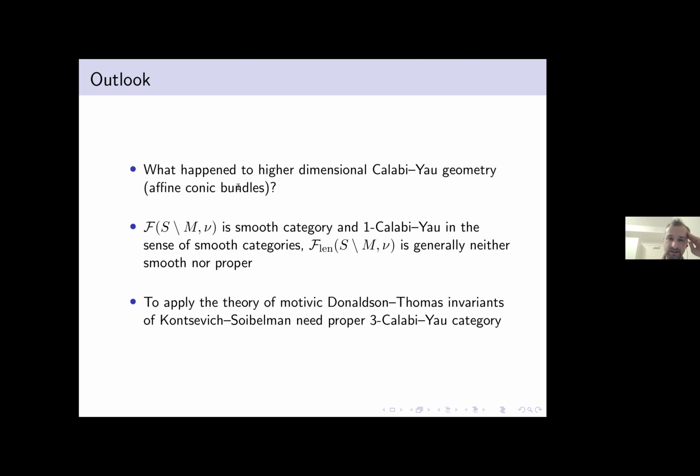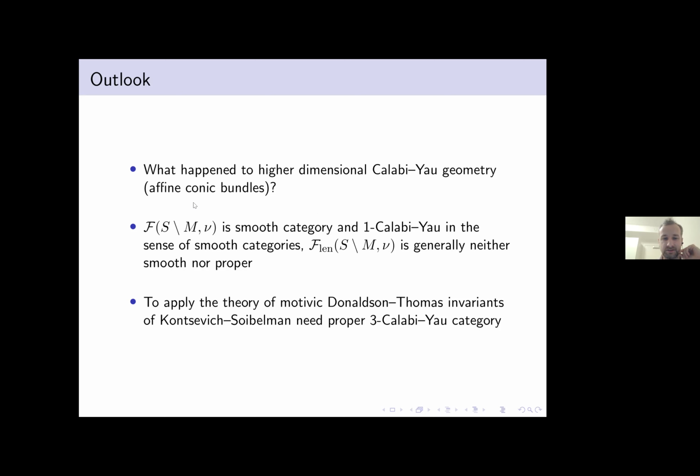But you'll notice that we forgot about all this higher dimensional Calabi-Yau geometry which I talked about in the beginning, which you can see as the source of this quadratic differential, if you're interested in Calabi-Yaus more than maybe flat surfaces. One way that's reflected is that this wrapped Fukaya category is one Calabi-Yau, and it's really just reflecting the geometry of the surface. It's not reflecting the geometry of this quadric bundle.